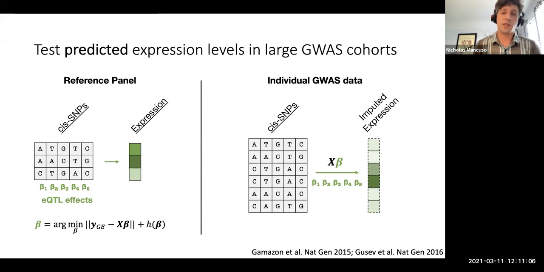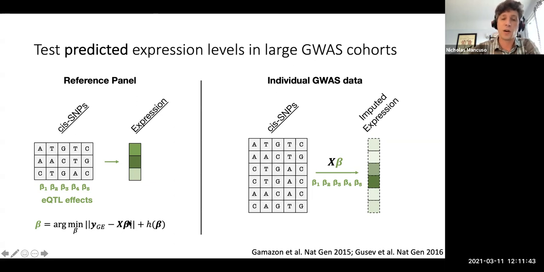One way to get around this is, rather than testing genetic variants, we can just test gene expression levels, right? If it's the levels of expression that correlate with disease risk, why not just test that? Well, the problem is oftentimes we don't have that, and measuring it is very expensive to do at the scale of GWAS. So one way to get around that would be to predict it using genetic variants. Several papers proposed this a few years back, where you go into smaller reference panels where you have genetic variation and expression of some gene, you fit some penalized model, some predictor under a linear model, and you get your weights.